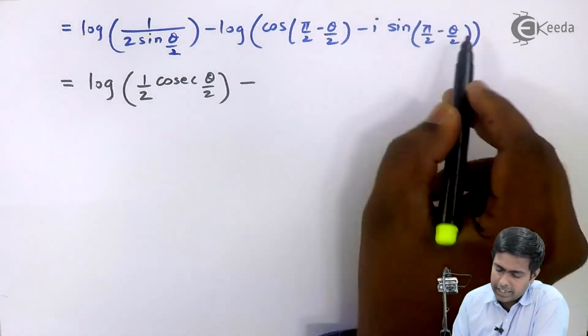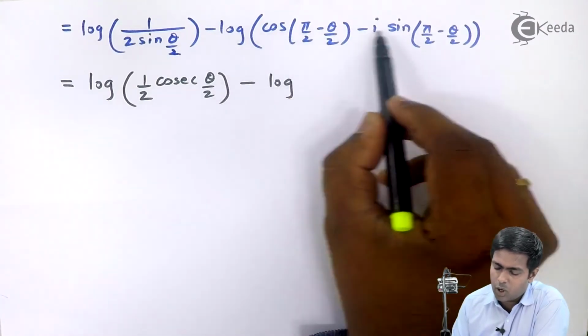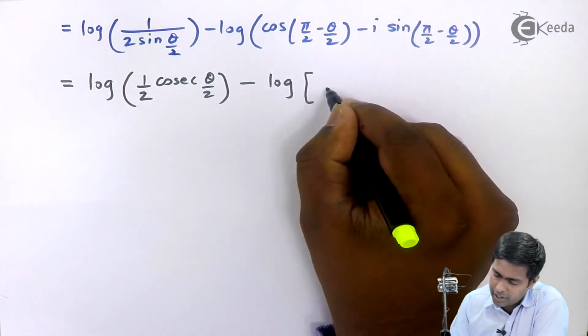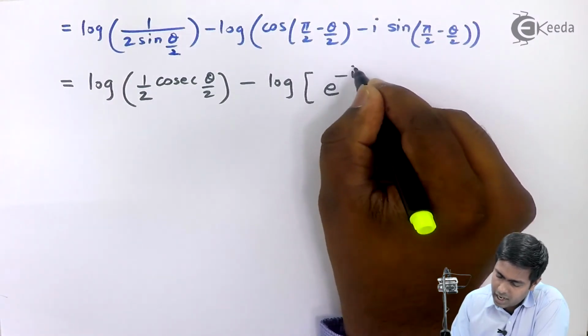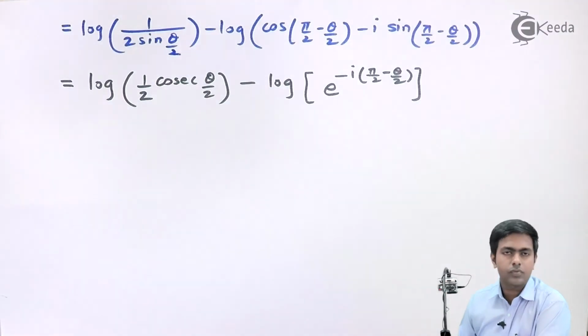Now here in the second term, log, and I'll represent this complex number in the exponential form, which will become e raised to minus i into pi by 2 minus theta by 2.